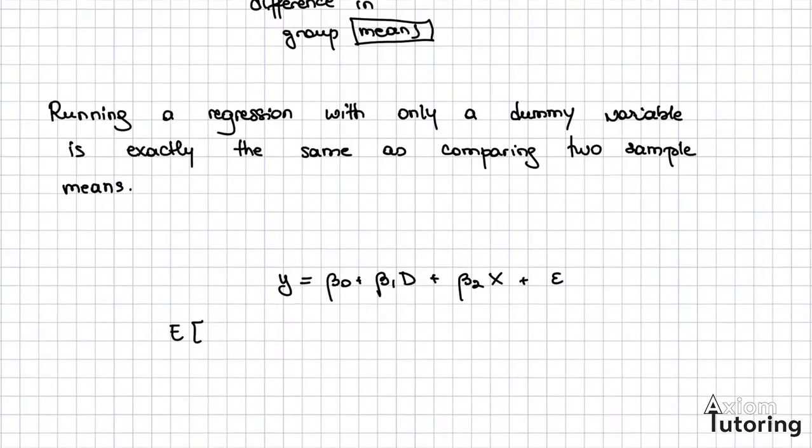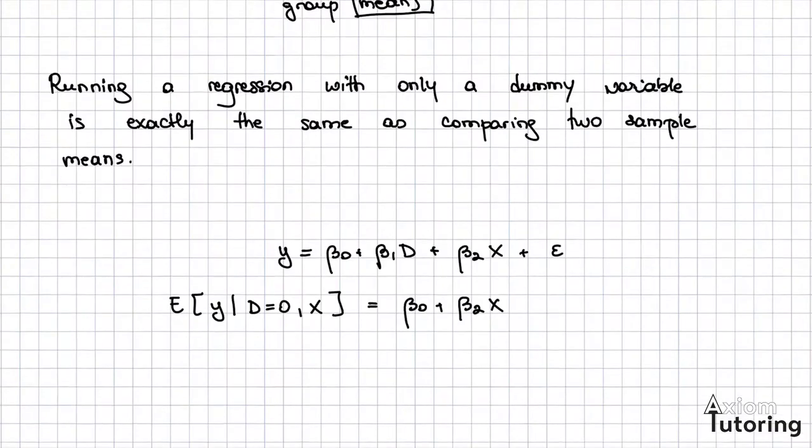The conditional expectation of y, conditional on d being equal to 0 and x, is now beta 0 plus beta 2 x. And the conditional expectation of y, conditional on d being equal to 1 and x, is instead beta 0 plus beta 1 plus beta 2 x.